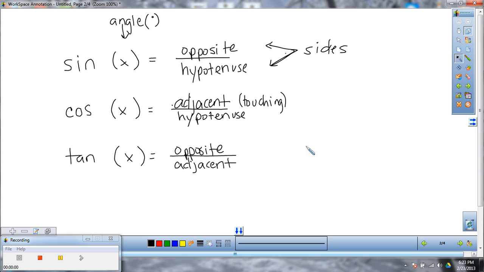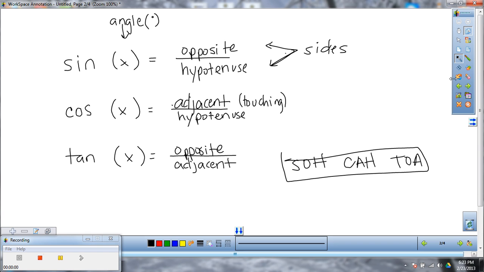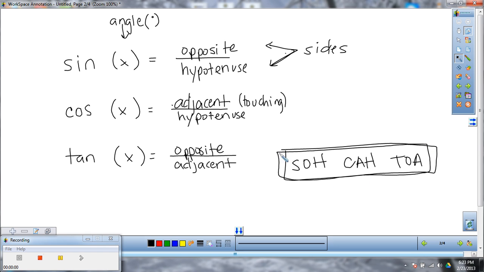We try and write a nice little shortcut to help us remember all this information, and that shortcut is SOHCAHTOA. This is something you should have written down in your notes, because it is really important, and this is what we're going to be using when we talk about our trig ratios. SOHCAHTOA. SOH is sine.